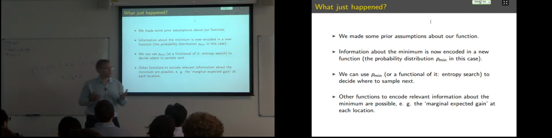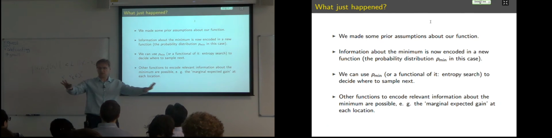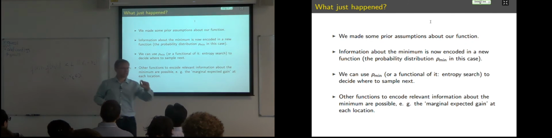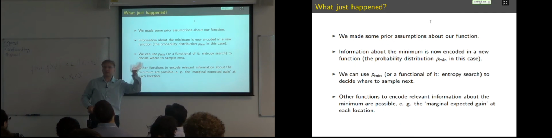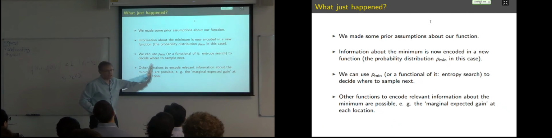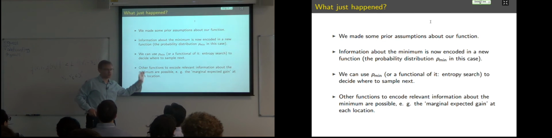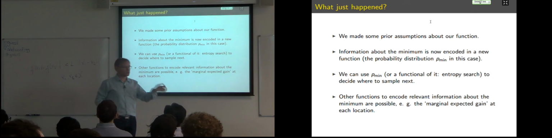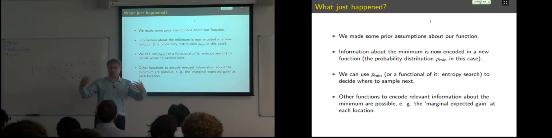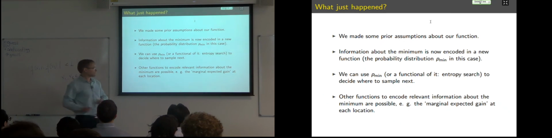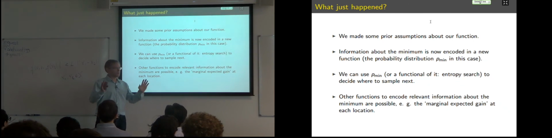You could obviously think not about the minimum but about, imagine that I'm interested in the gradient of the function, the location of the maximum gradient. You could play exactly the same game and reconstruct the distribution about the gradient. Or you could do the same for the integral of the function, and you would be solving a quadrature problem. So this is exactly what happened, and this is the key of Bayesian optimization.